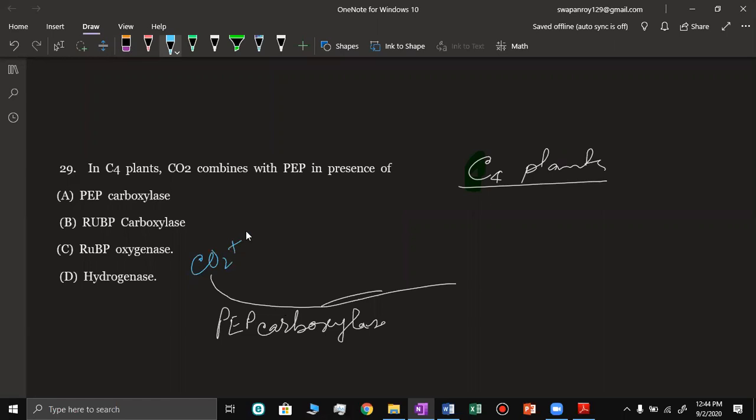Carbon dioxide plus water is in presence of PEP.